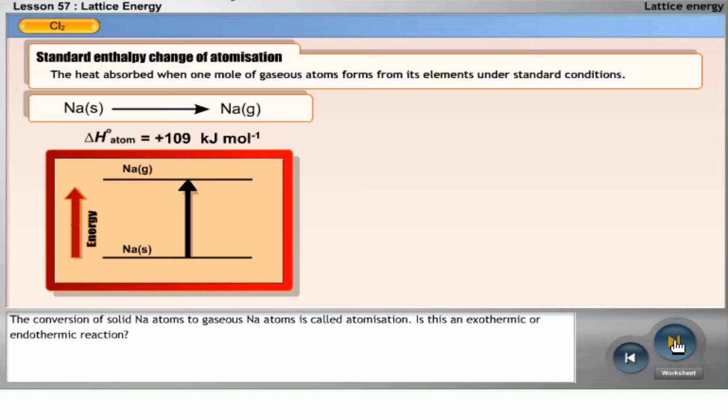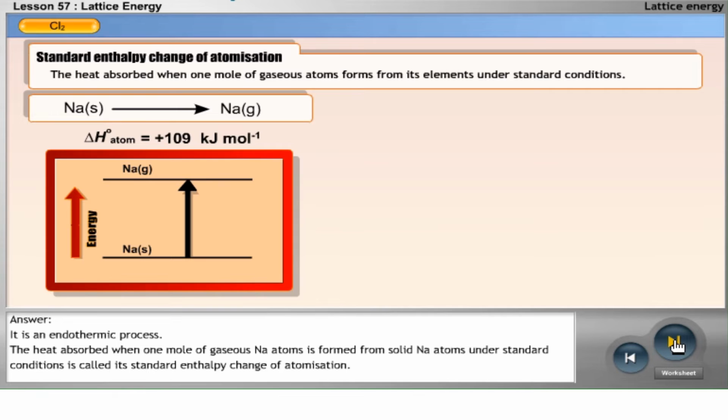Standard enthalpy change of atomization we can define as the heat absorbed when 1 mole of gaseous atoms is formed from its element under standard conditions. Heat absorbed means the value is positive, and it means this reaction is an endothermic reaction.